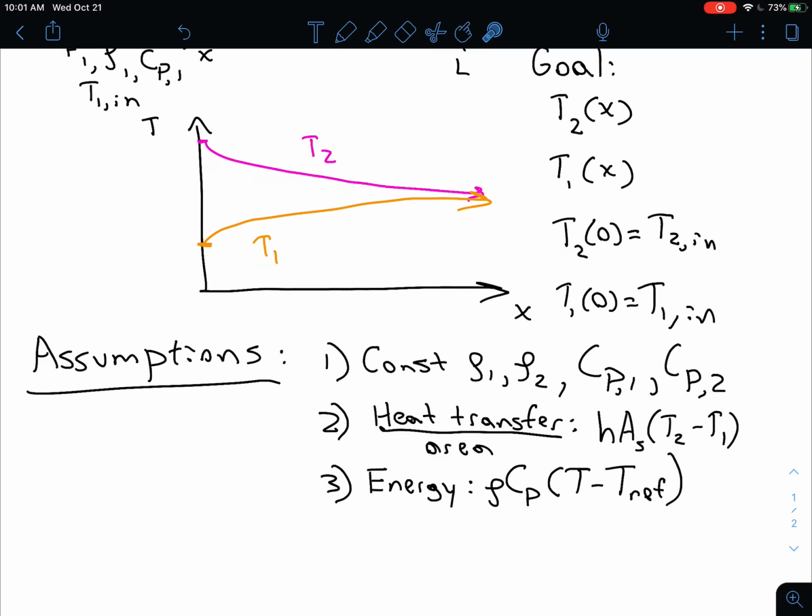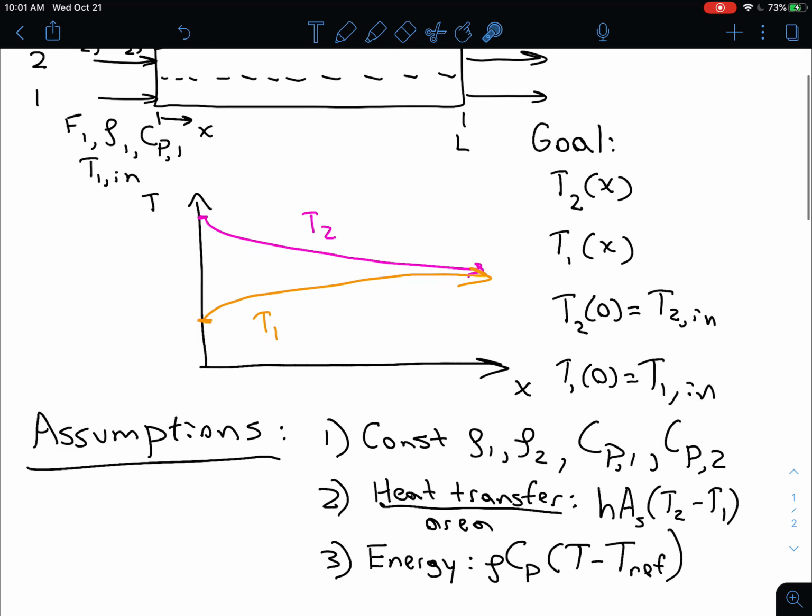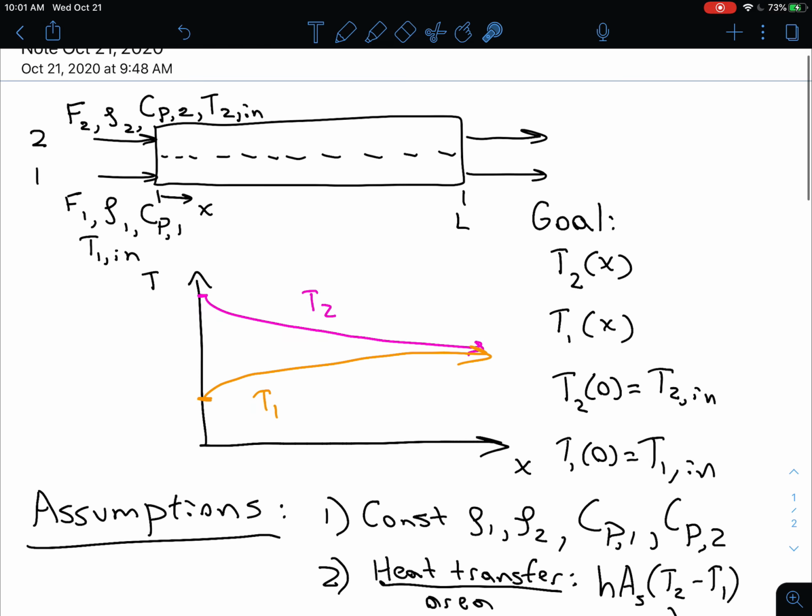Again, these are details that I'm going to leave to other courses like transport, kinetics, and thermodynamics to describe in detail. My purpose here is really just to show you a simple example of setting up a differential equation. So in order to do this, I want to use simple assumptions.